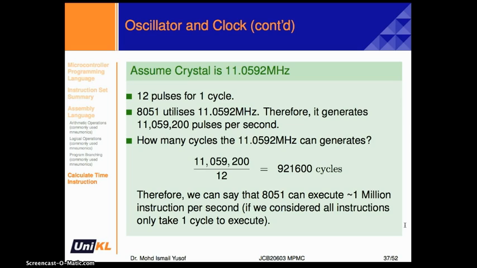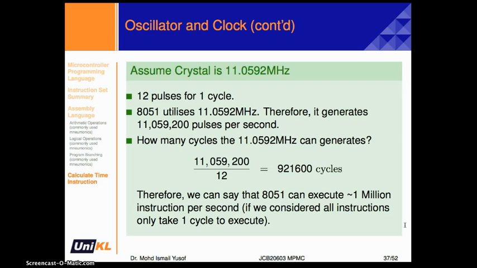So if the 8051 is using a crystal oscillator of 11.0592 megahertz, it actually generates 11 million 59,200 pulses per second. So how many cycles can 11.0592 megahertz generate?